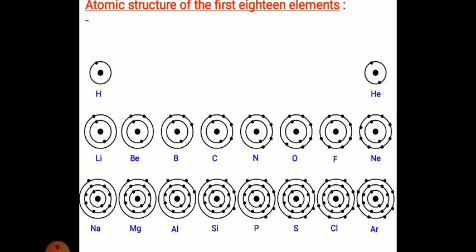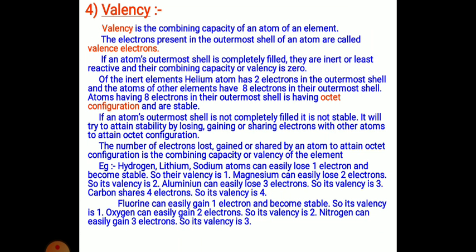K, L, M, these shells we have shown in this presentation. After that we come to the important point, that is valency. Valency is the combining capacity of an element. The electrons present in the outermost shell of an atom are called valence electrons.